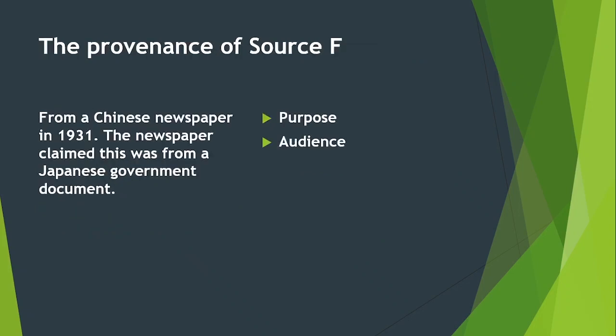But we have to look carefully at the provenance of source F. I know from my knowledge of the topic, and in fact from the background information provided, that the Mukden incident was in September 1931, and that China appealed to the League, and that the Lytton Commission was sent to China to investigate the matter.